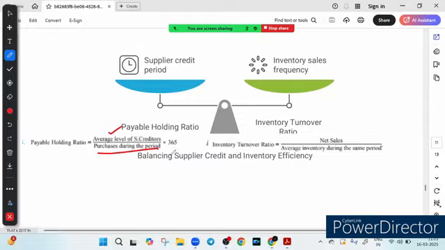working capital, right? On the other hand, we have the inventory turnover ratio, which simply means net sales divided by average inventory during the same period. It indicates how quickly the inventory is sold.